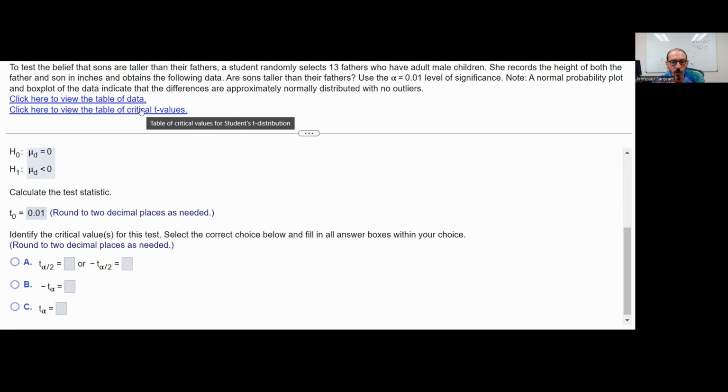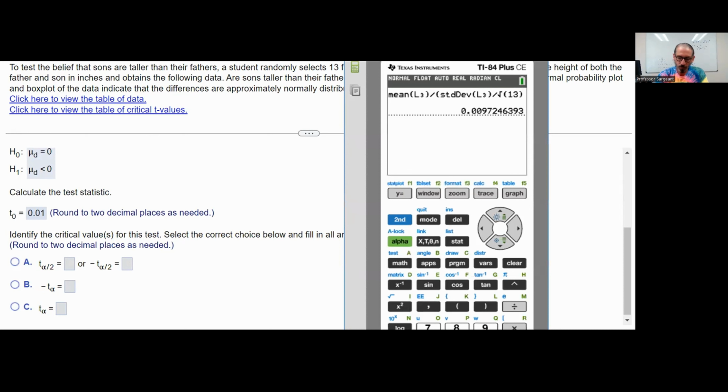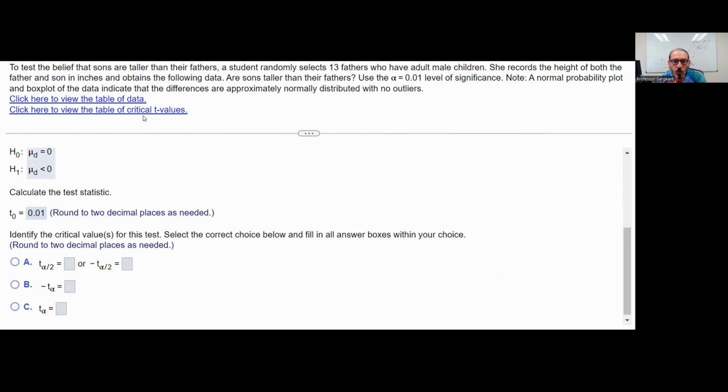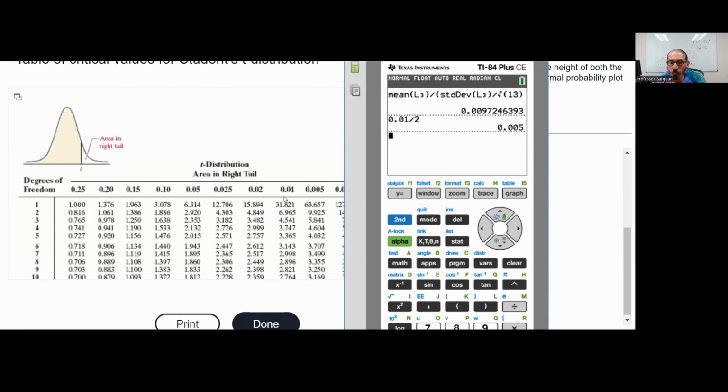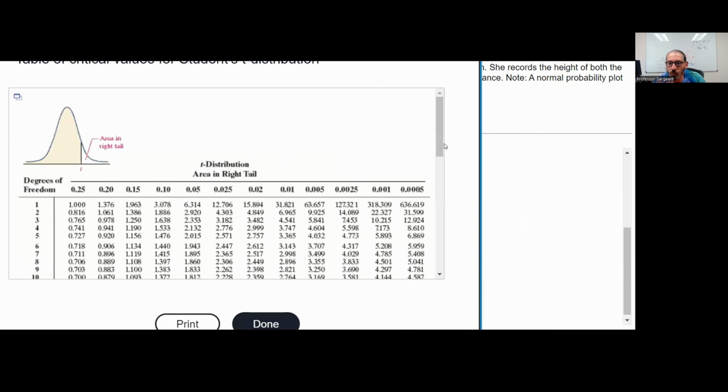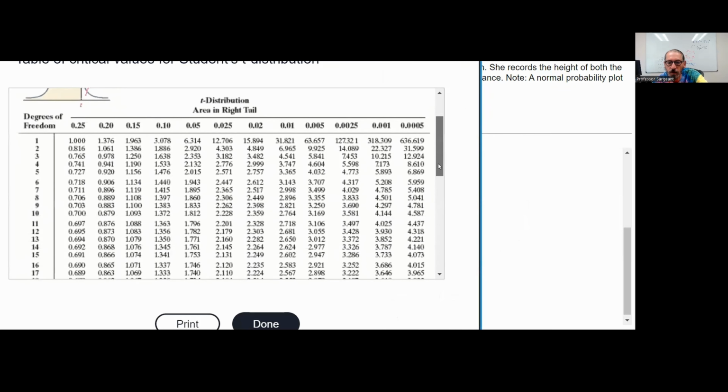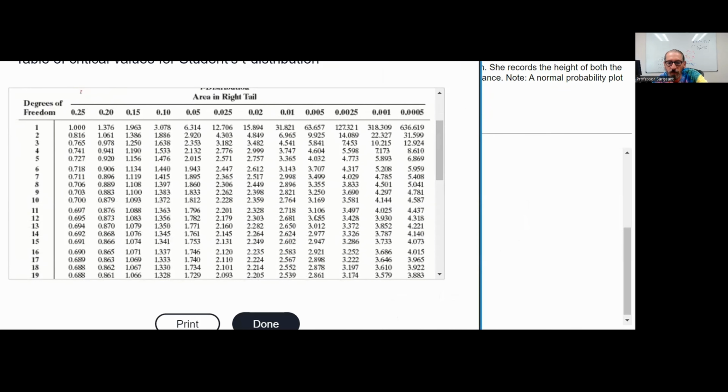From the table, if we are using alpha equals 0.01 level of significance, then the column we're going to look in is 0.005 with 12 degrees of freedom, since the sample size is 13. 0.005 right here, 12 degrees of freedom. I'm seeing a 3.055 there.